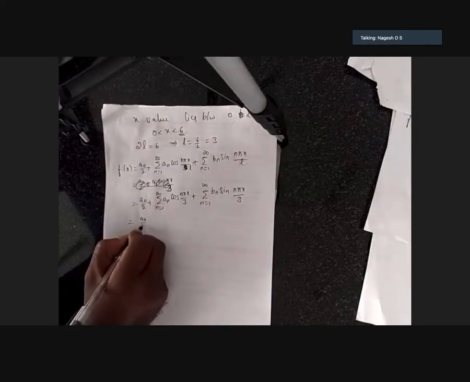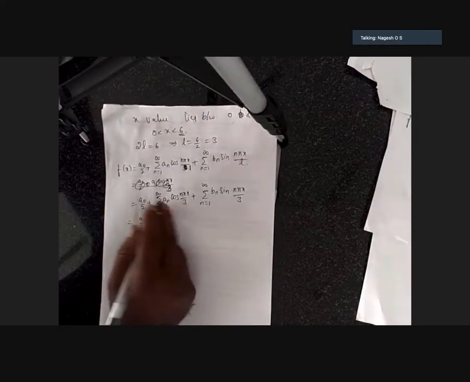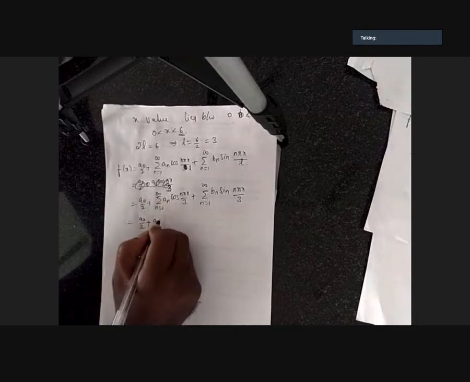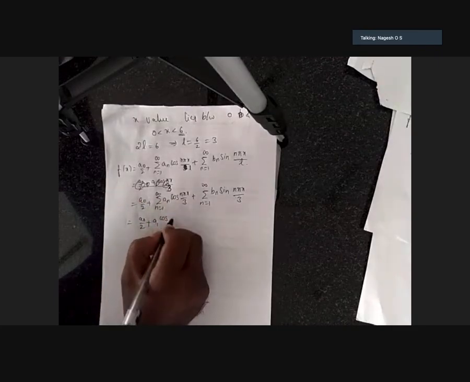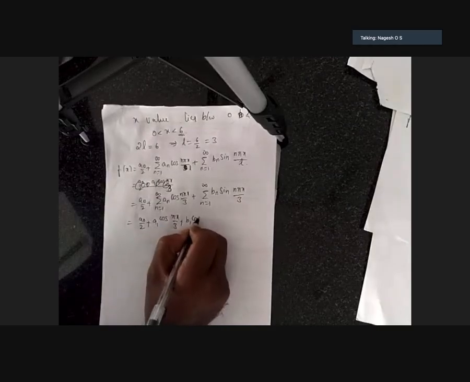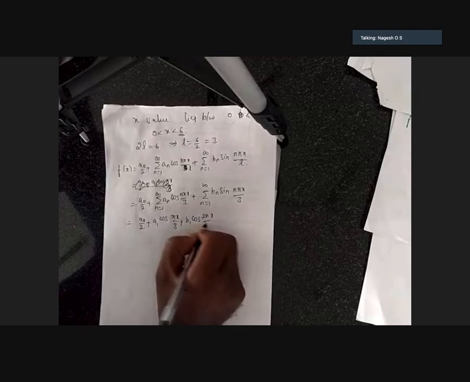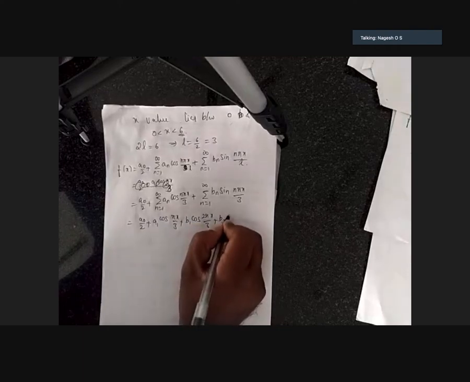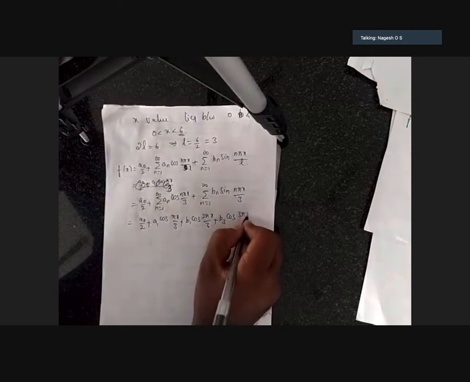A naught by 2 plus first three harmonics means first three values. A1 cos pi x by 3 plus a2 cos 2 pi x by 3 plus a3 cos 3 pi x by 3.